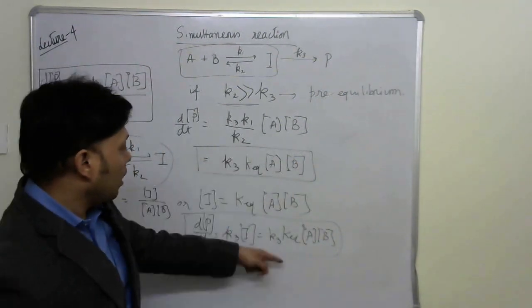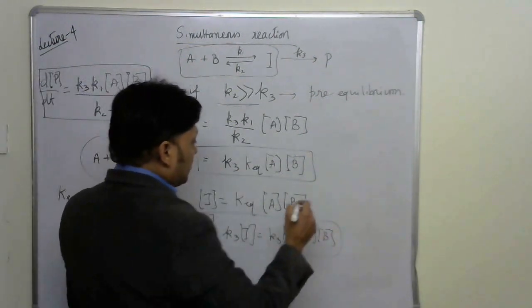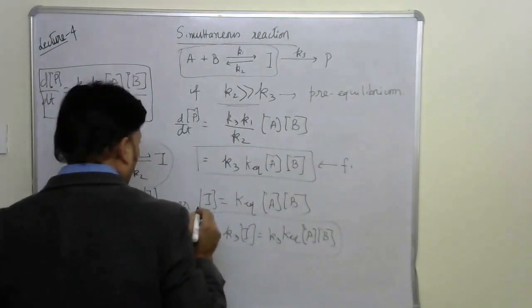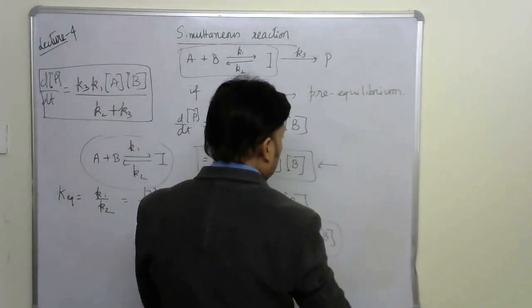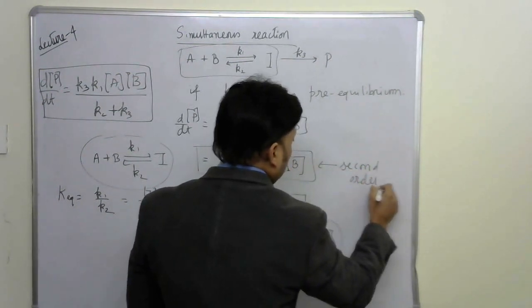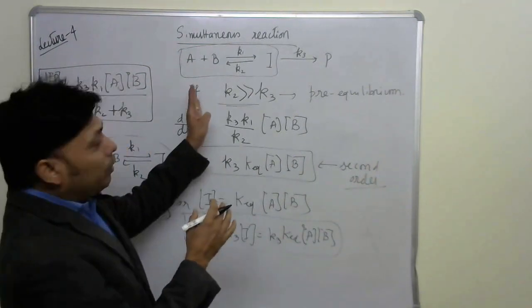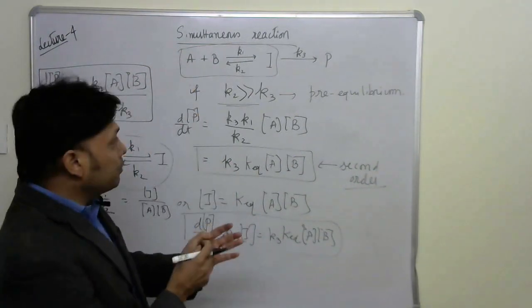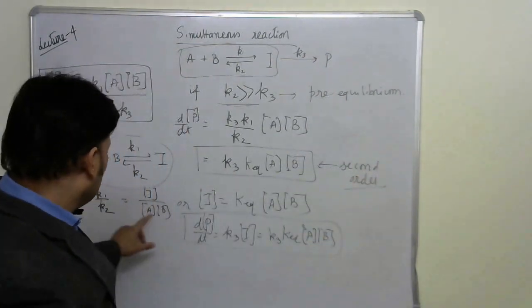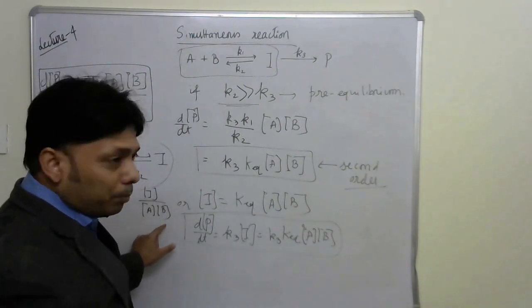So these two are basically the same equation, and we can tell that this reaction is second order. This is governed by second order kinetics, and there is an establishment of a pre-equilibrium. Mind that in an actual equilibrium condition, these values are constants: I equilibrium, A equilibrium, B equilibrium.